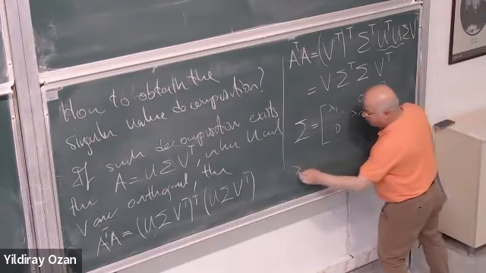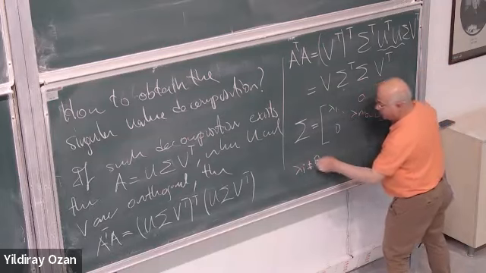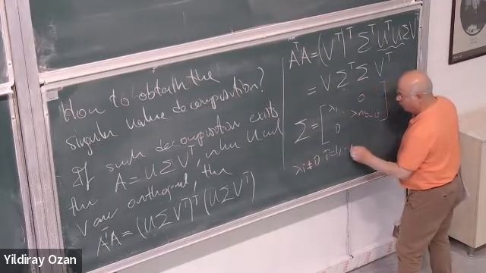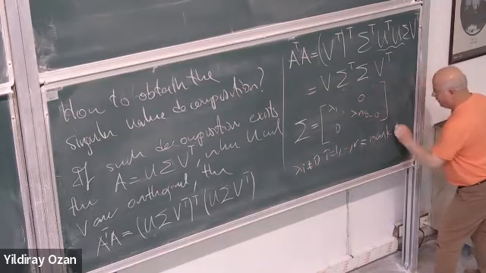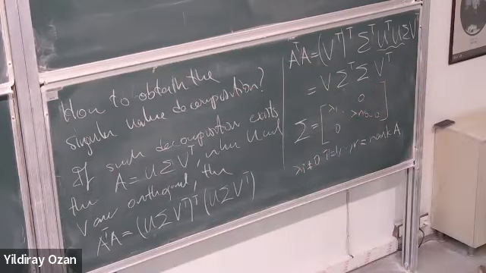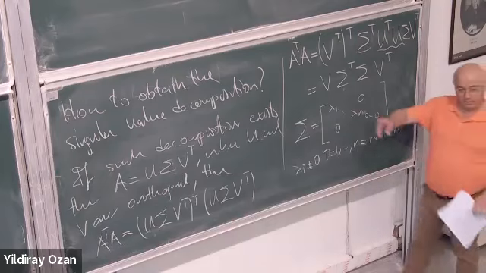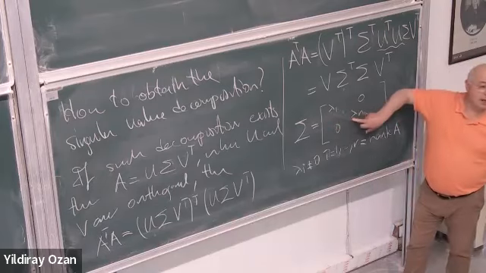These lambda i's are different than 0, i from 1 to r. Here r is the rank of A.